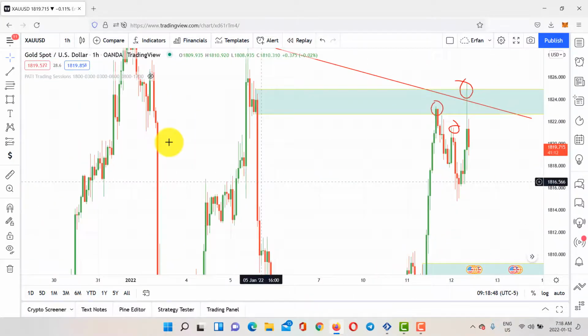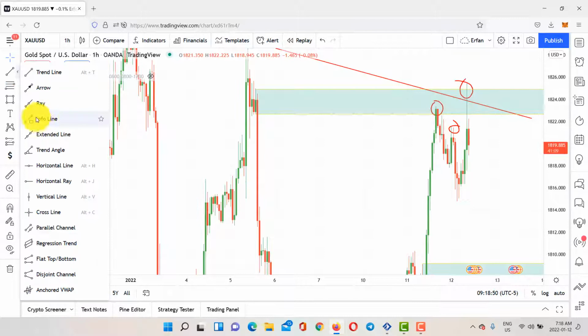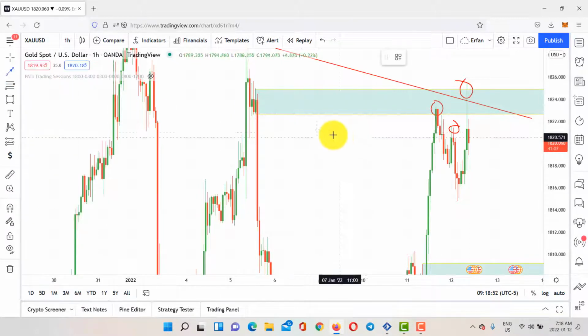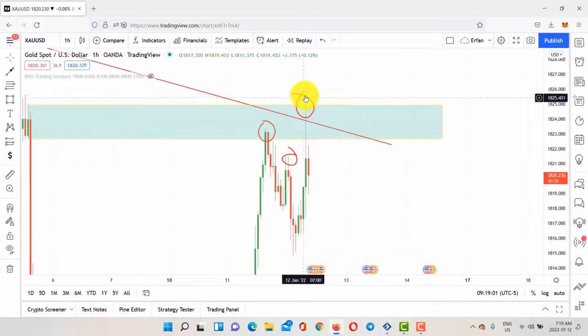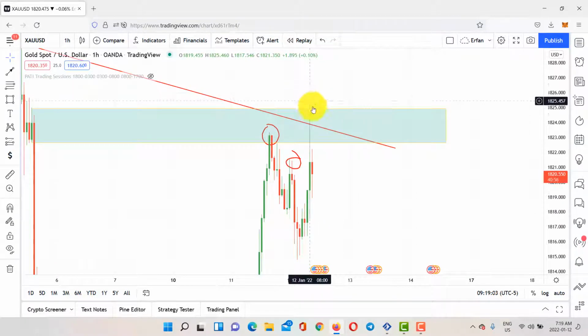Everybody can see it from far away that we have our gap from here all the way to here. And this is the order block that we need to draw. But when the price tapped into this zone, it broke out of this order block, which made it invalid.